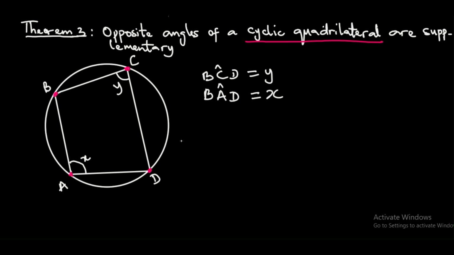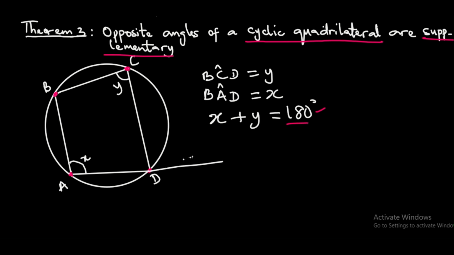So x plus y, when we add them together, gives you 180. Because when we say they are supplementary, it means that it equals 180 degrees. Okay, so that's what supplementary means. Please, we should know that.